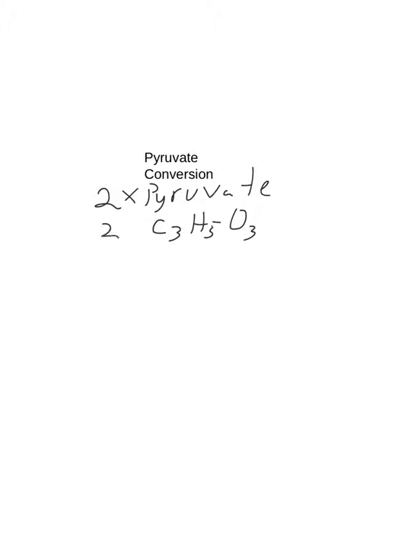Of course, there was 2 of them. What we're going to do is break this pyruvate down into something called an acetyl. Well, in order to get to an acetyl group, we have to go ahead and strip off from each pyruvate a CO2 molecule and a hydrogen.